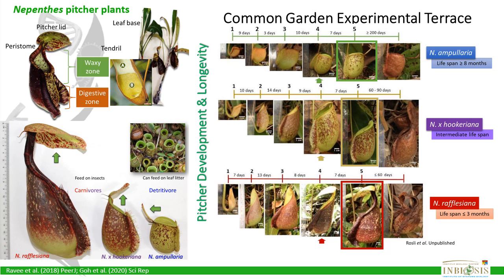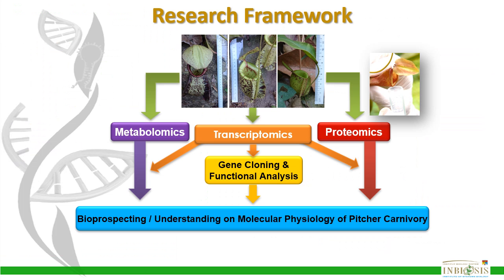You can see the pitcher in cross section, there's a waxy zone for the trapping, and then you have the digestive zone with the fluid and enzymes secreted for the digestion and absorption of nutrients from the insects trapped, or also the leaf litter. You can see also for the 3 different species, the longevity of the pitcher is also different. Ampullaria lives the longest, over 8 months, whereas Rafflesiana has a shorter lifespan of less than 3 months, and the hybrid has an intermediate lifespan.